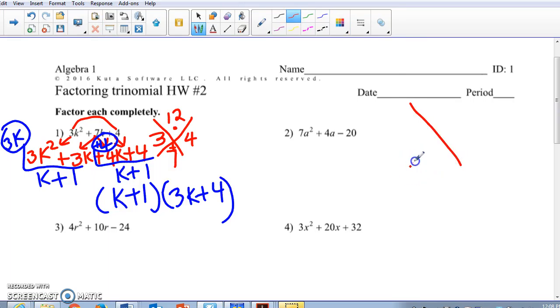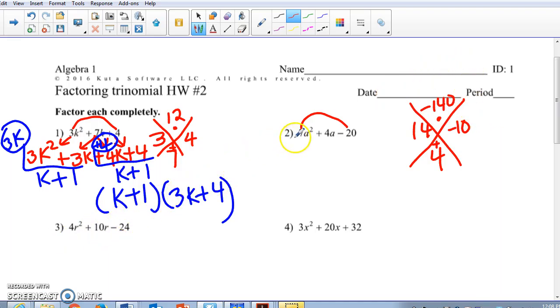Again, since it's a trinomial, we need to multiply A and C and put it on the top. 7 times negative 20 is negative 140. The bottom number is 4. What are factors of negative 140 that add up to 4? 14 and negative 10.